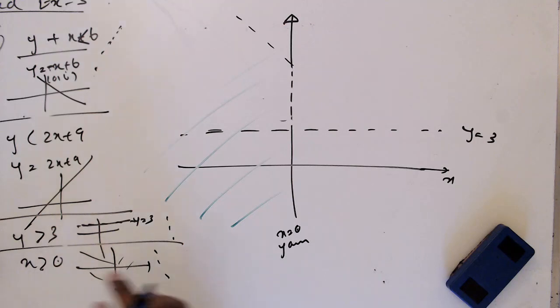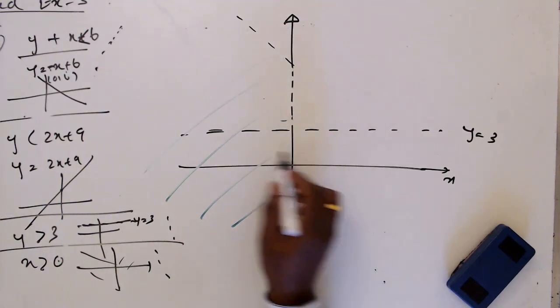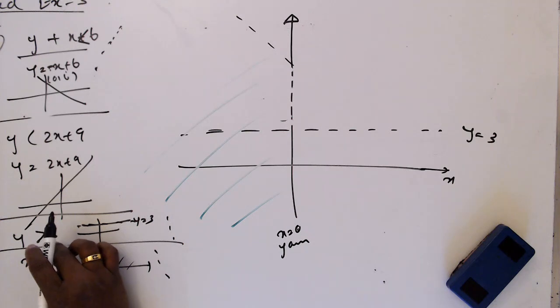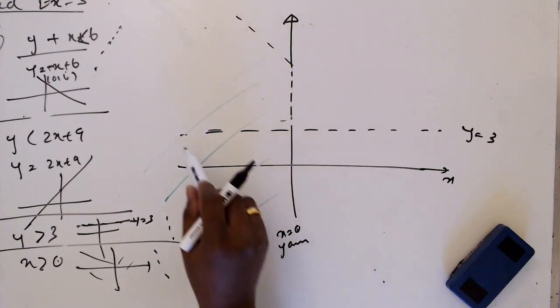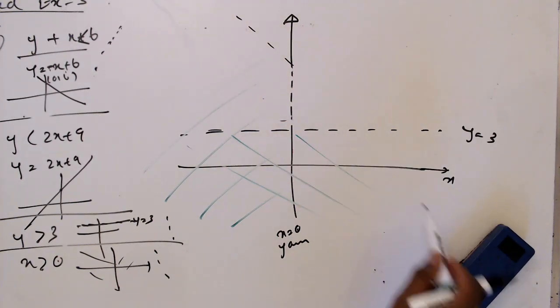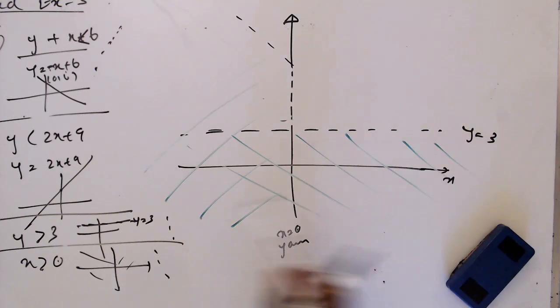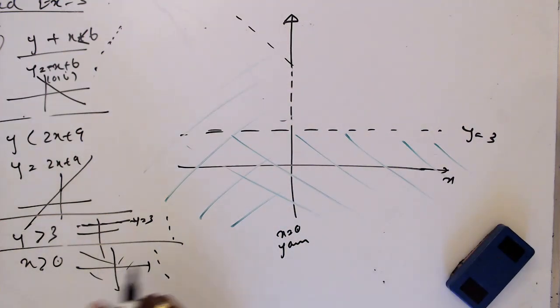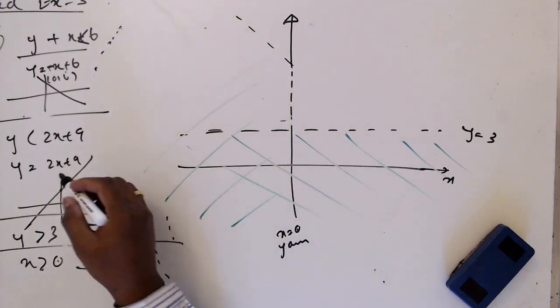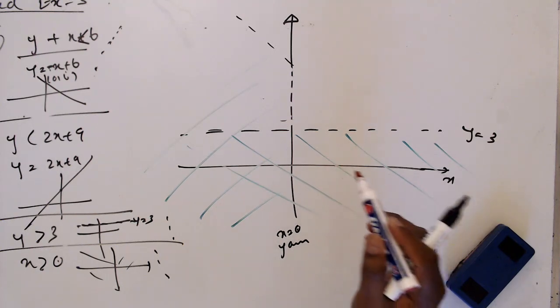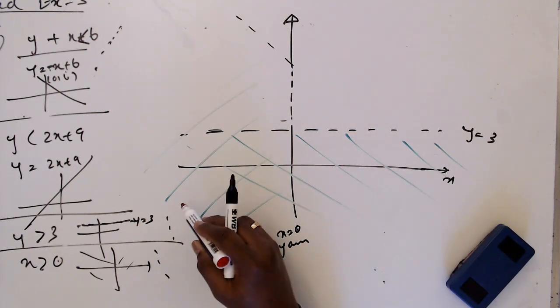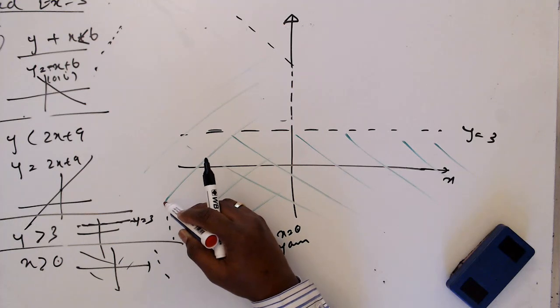Now y equal 3. For the y equal 3 line, we need y greater than 3. This is the area greater than 3. We don't need this area. Then this one, 2x plus 9. This is the line 2x plus 9. It is also a dotted line.